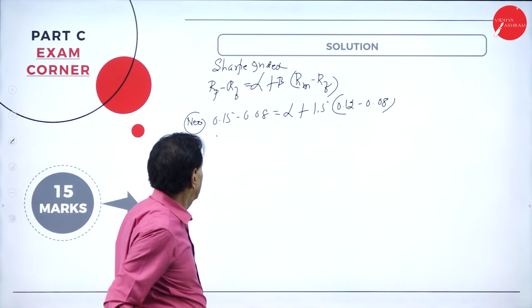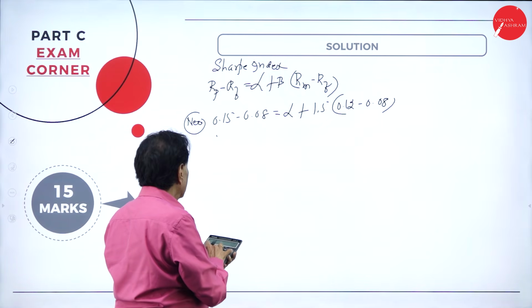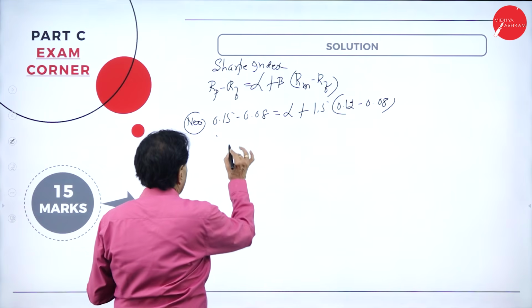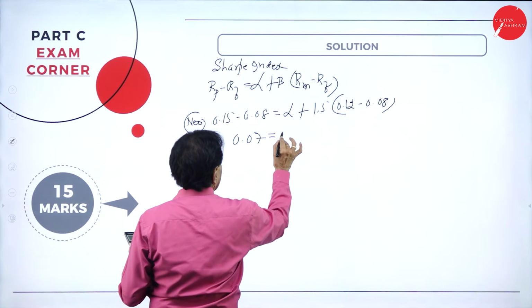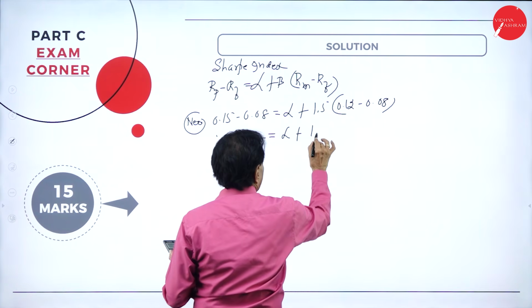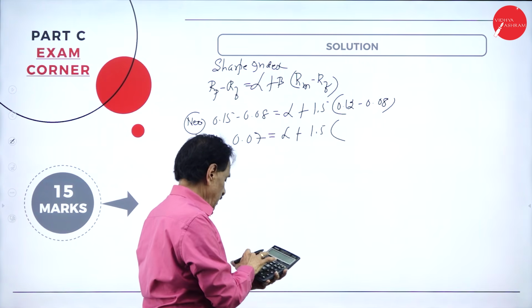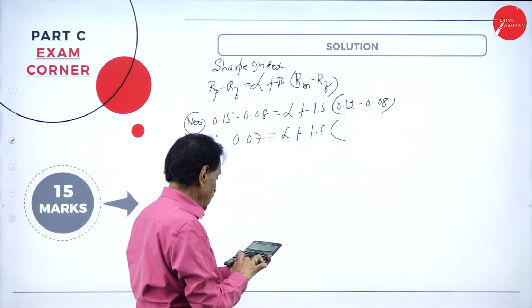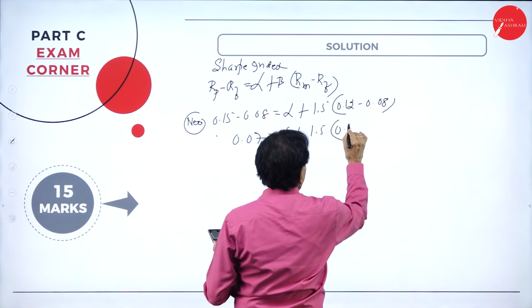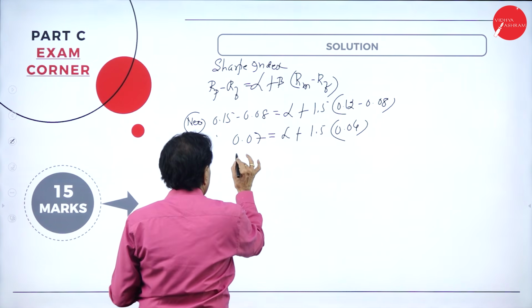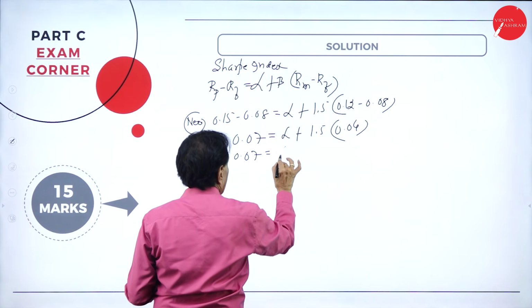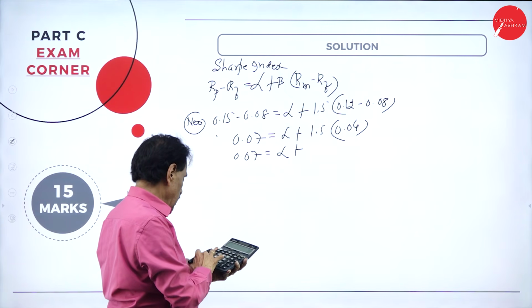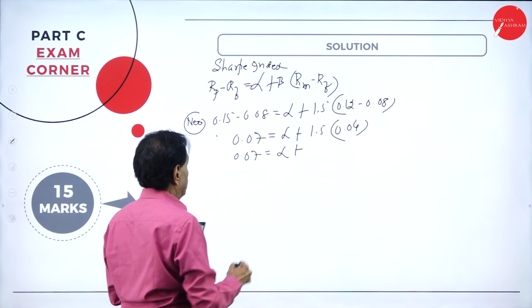So 0.15 minus 0.08, 0.07 is equal to alpha plus 1.5 into 0.12 minus 0.08, 0.04. 0.07 is equal to alpha plus 1.5 into 0.04, 0.06.